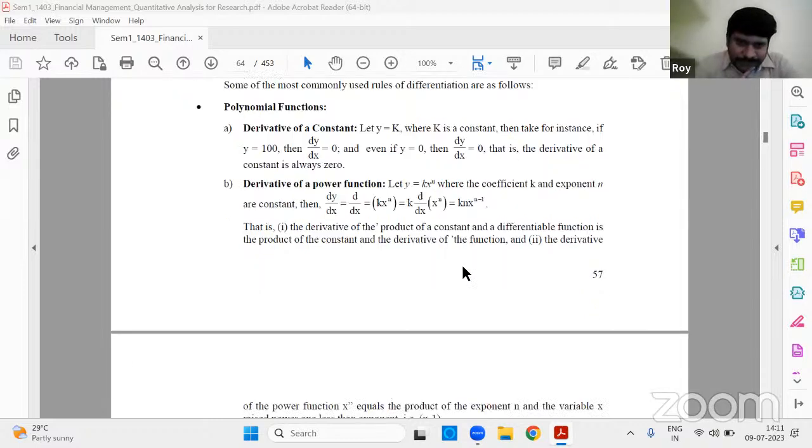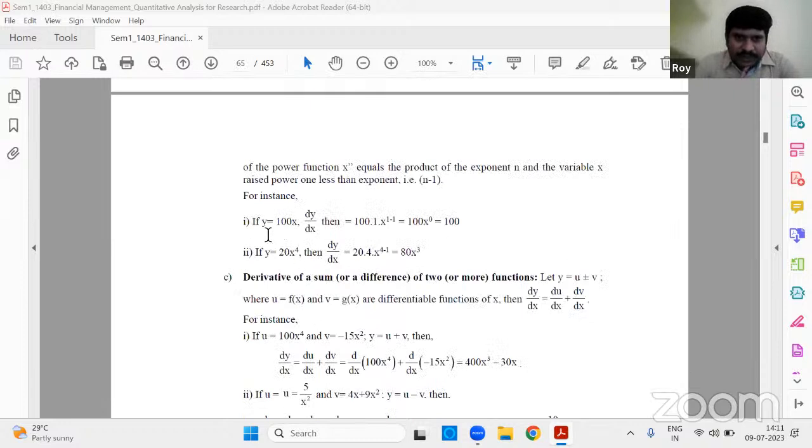For example, if y is equal to 100x, what is dy by dx? That means the derivative of 100x. What is the derivative of x based on the above equation? N into x power N minus 1. Very good. In x, automatically 1 will be there in the power.